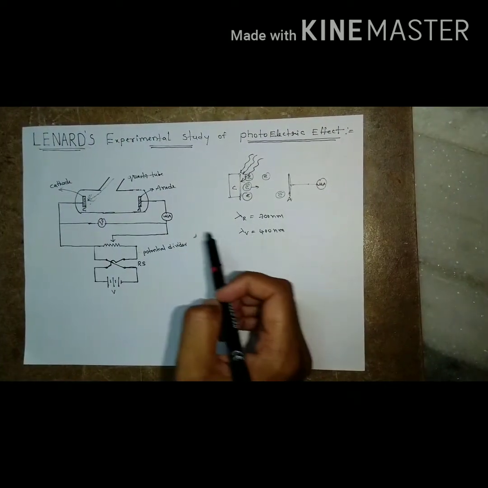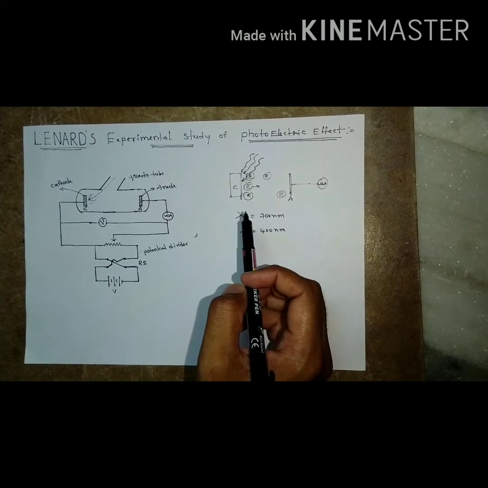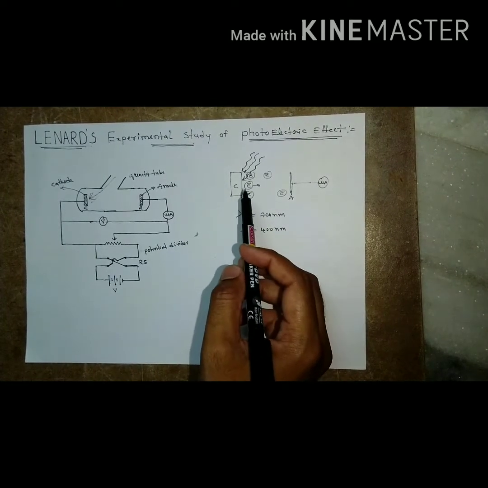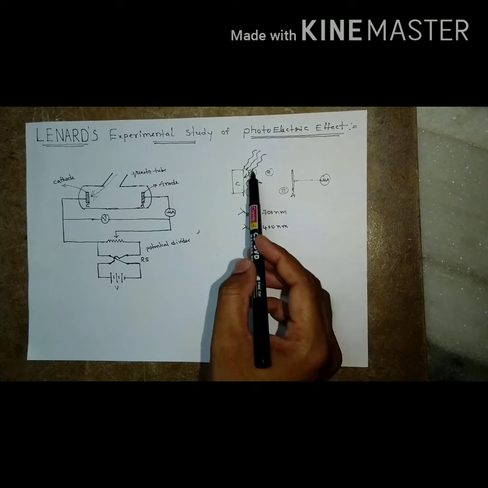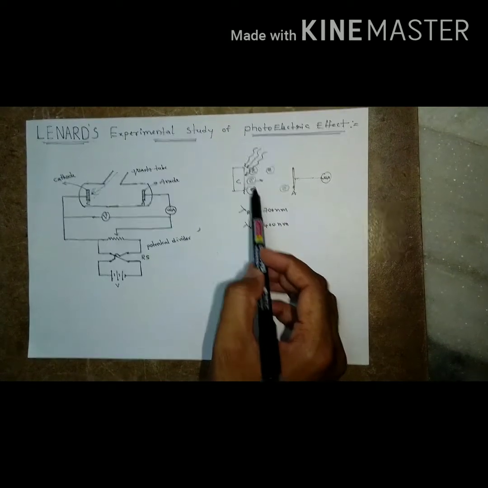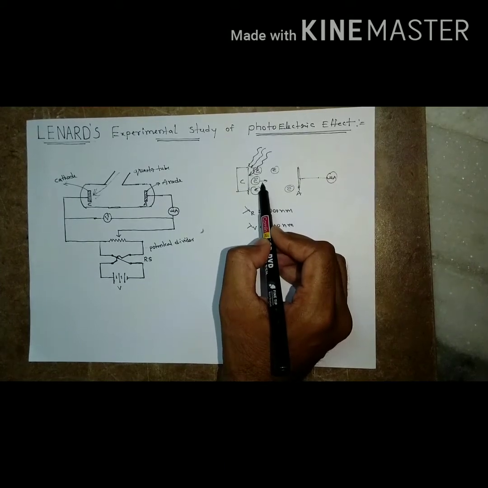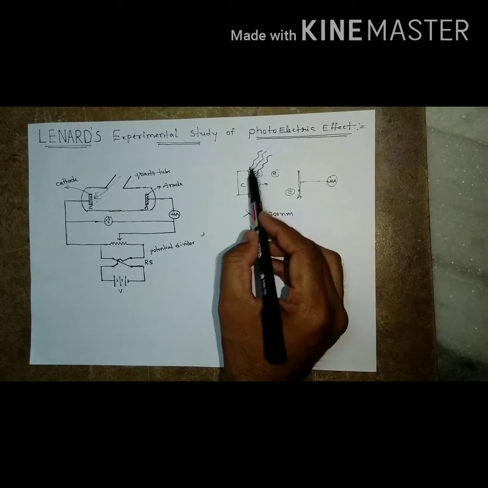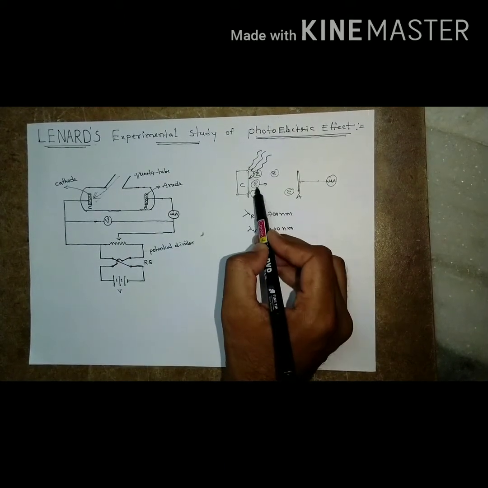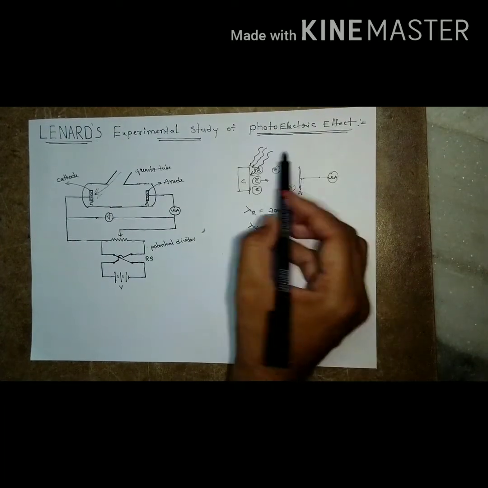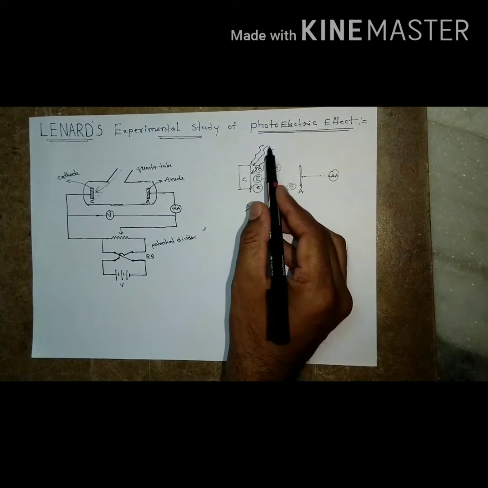In the incident rays, different colors of light are there. So let us consider 3 electrons here. This one has more frequency of light incident on the metal surface, this one has less frequency of incident light.